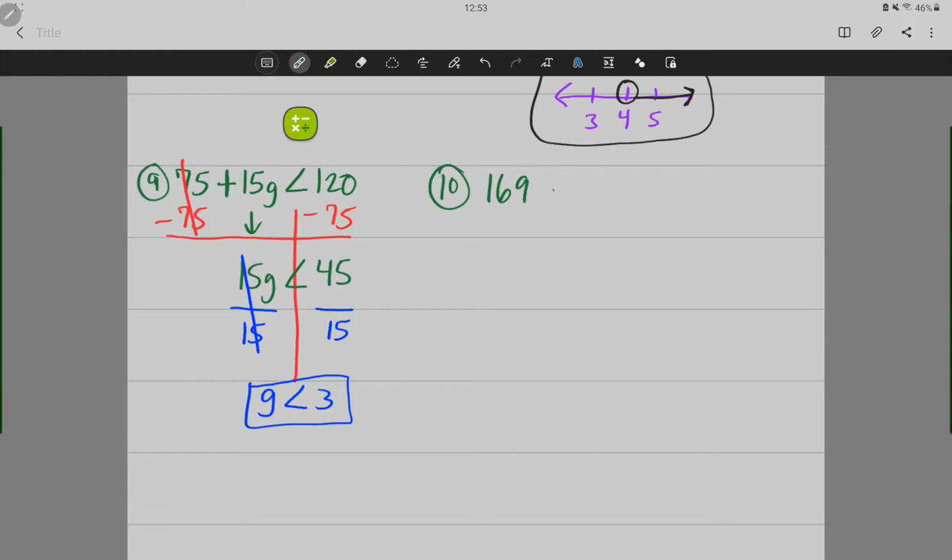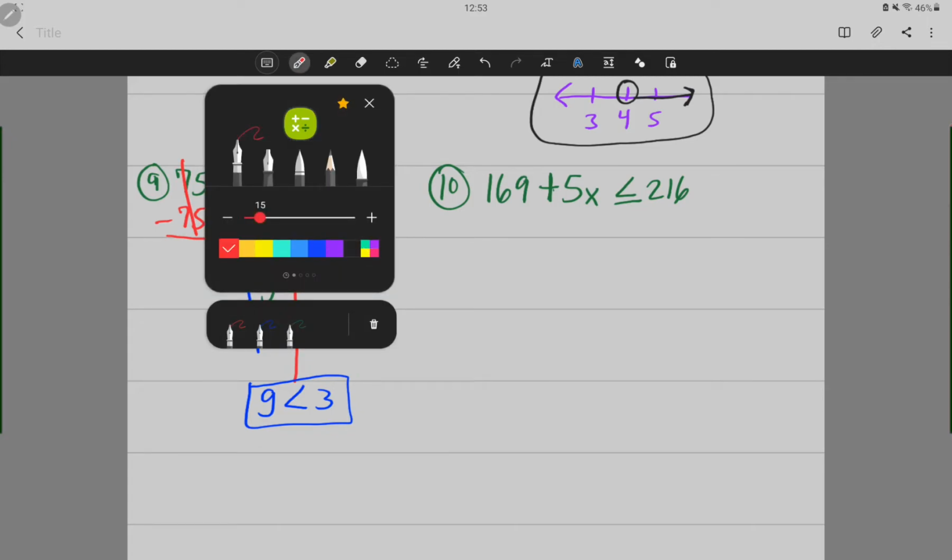He also bought some ebooks for $5 each, so plus 5. We don't know how many ebooks, so let's just put a variable and just put X. And he spent a maximum, which means he couldn't spend any more than, this is the highest that he could spend, of $216. So maximum means less than or equal to, and we have 216. So that's our inequality.